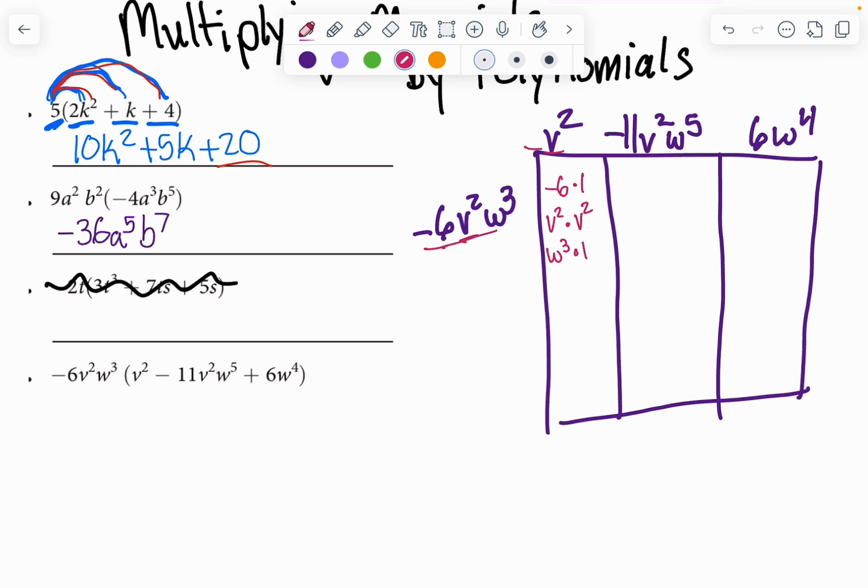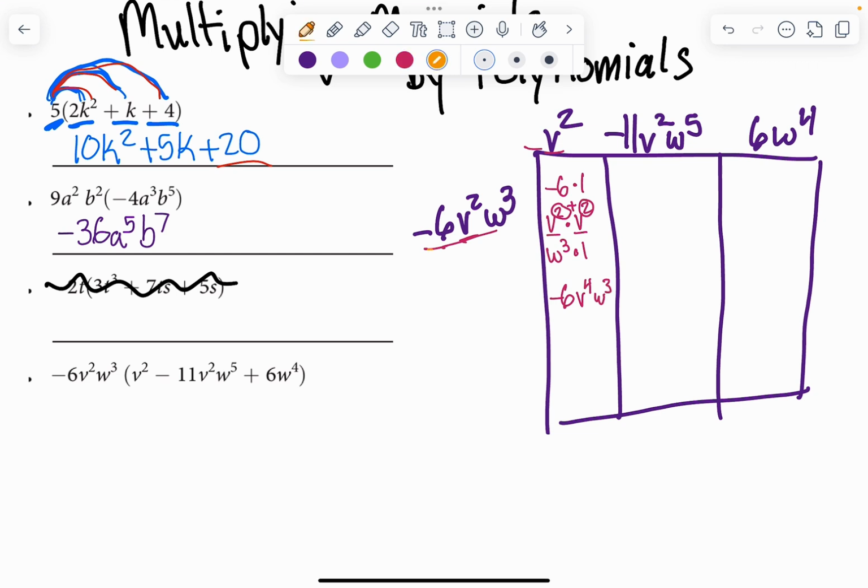Then going through, I've got negative 6 times 1, so negative 6. V squared times v squared, same base. Multiplying, so we're going to add the exponents to get v to the 4th. And w to the third times 1 is just w to the third.